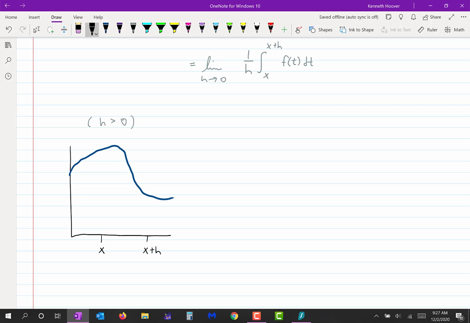All right, now we're only looking from x to x plus h. And those are inside of a and b, by the way. So maybe a would have been right here and b would be right here. Okay?